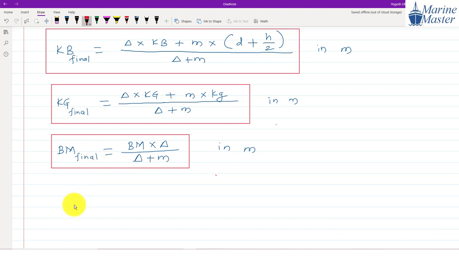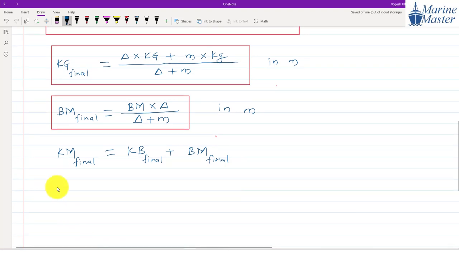Now the next point. What do we need? KM final. First of all we need GM final, but before that, KM final will be what? KM final will be KB final plus BM final. In this way we get KM final, and at the end our target is calculating GM final.